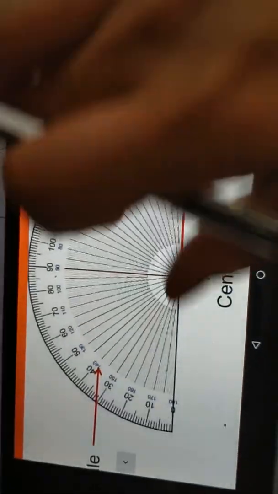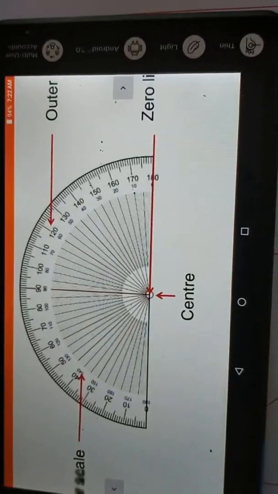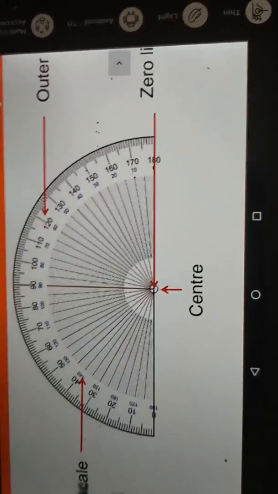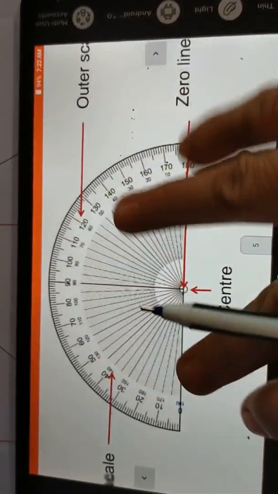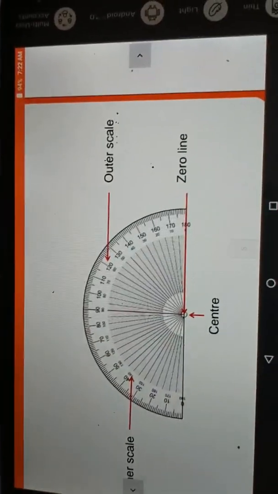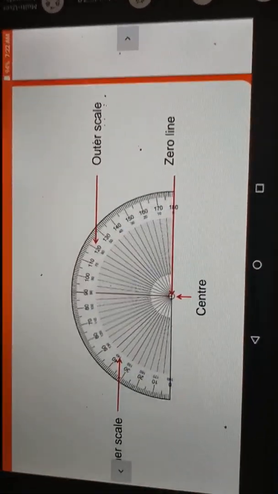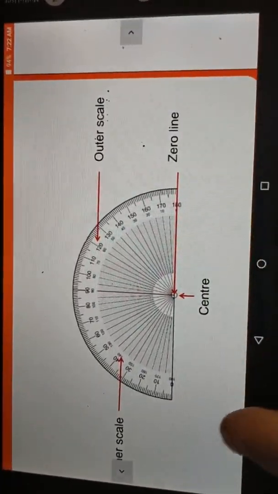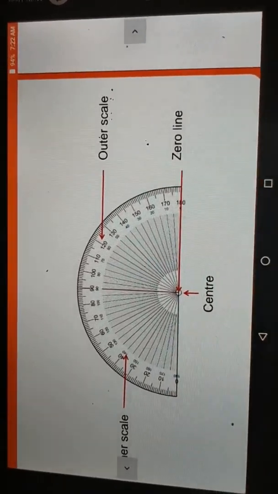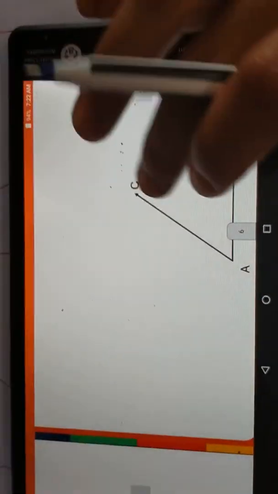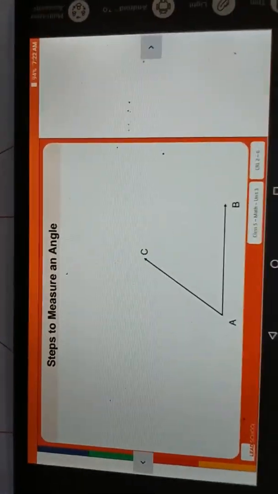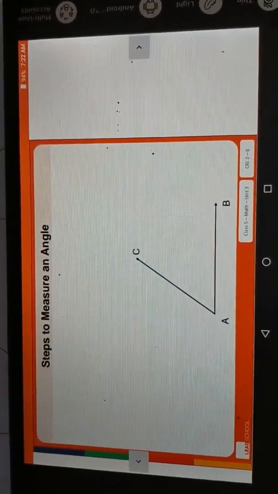First of all, we have to find the center point. Then, students, we have to find the 0 line, outer scale and inner scale. Got it? Then the steps to measure the angle. Now how to measure the angle, students?